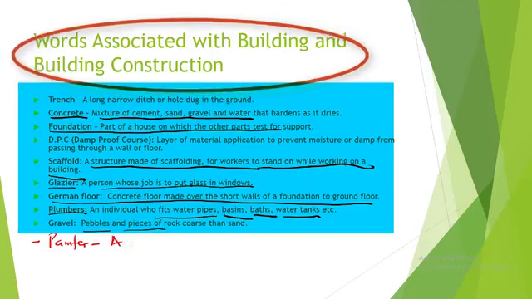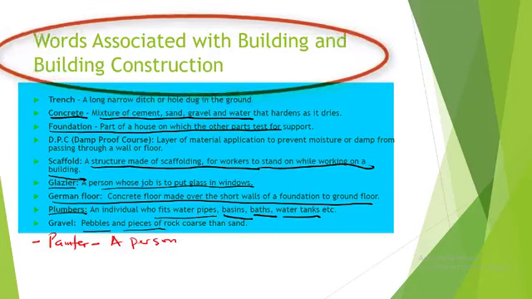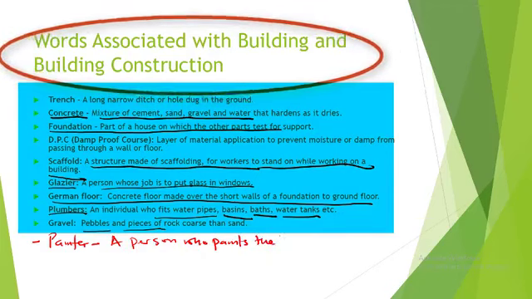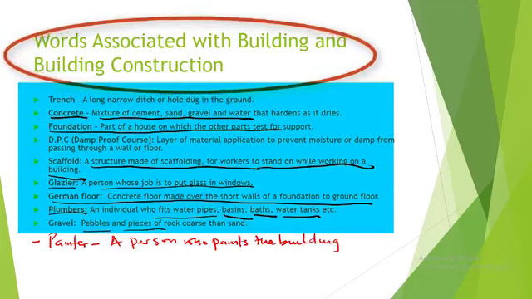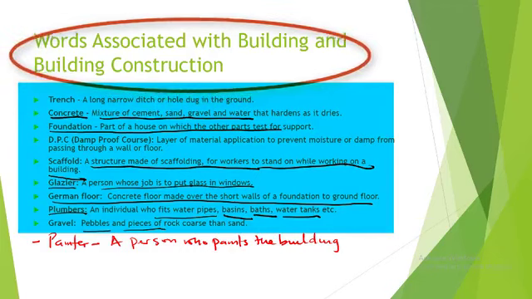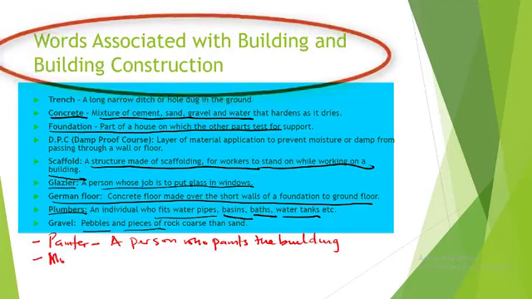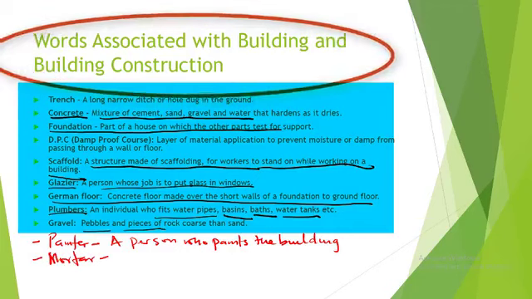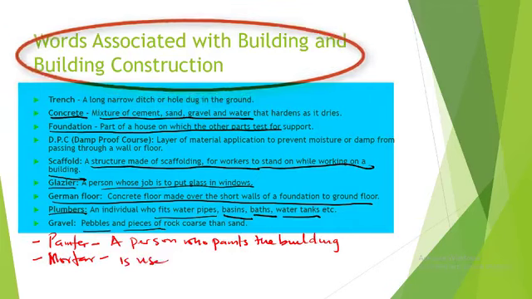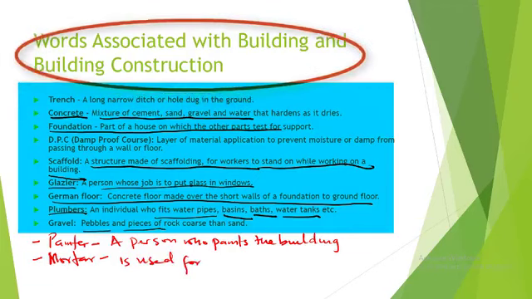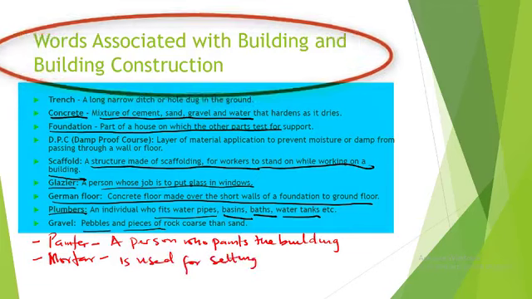The person who paints the building is a painter, and that is always the last thing that is done during construction. We could also have what you call mortar. What is mortar? The mortar is used for setting blocks and plastering.